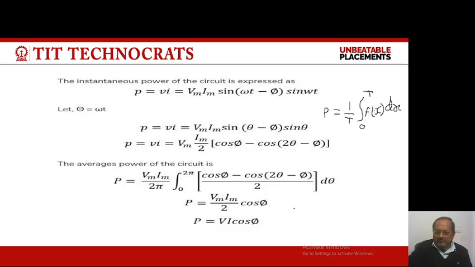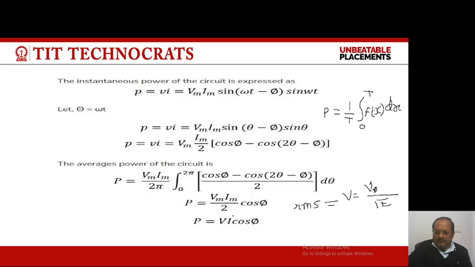The RMS value of Vm will be Vm upon root 2, and Im upon root 2 for current.